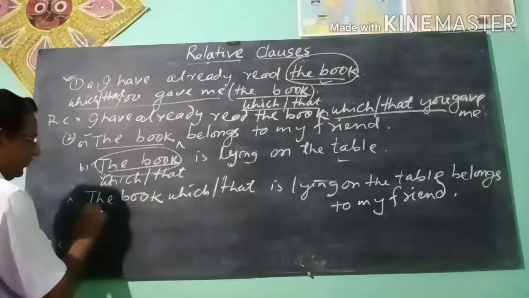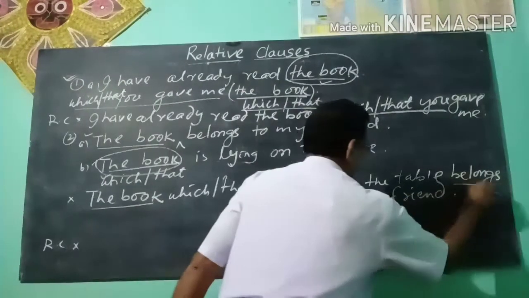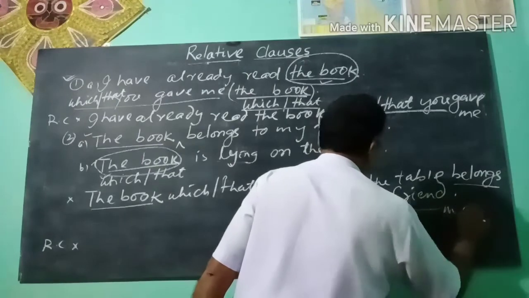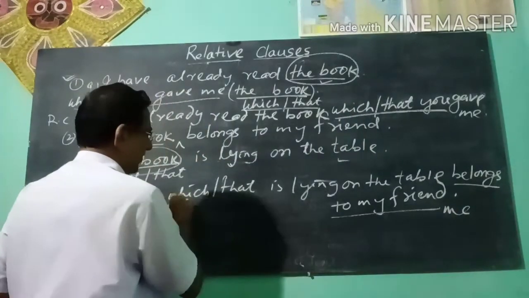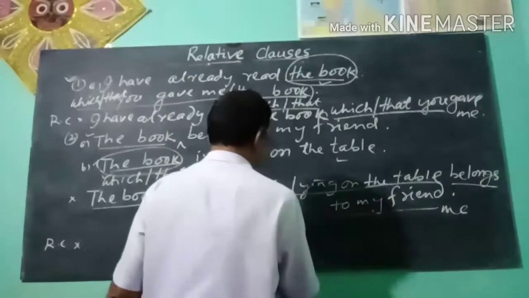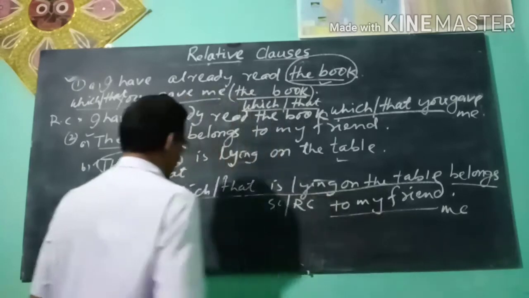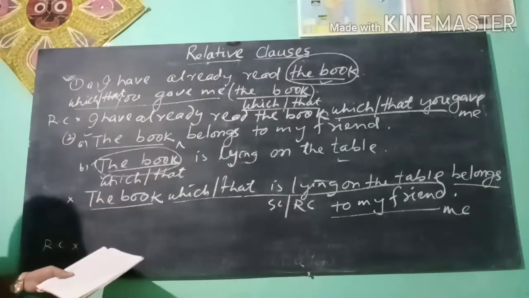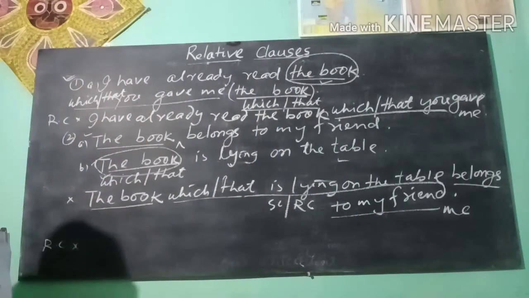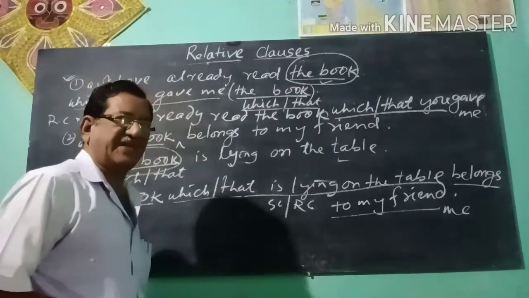Now you see, the book belongs to my friend is the LC, and which that is laying on the table is the SC or RC. In this way, we form the relative clauses from the sentences.